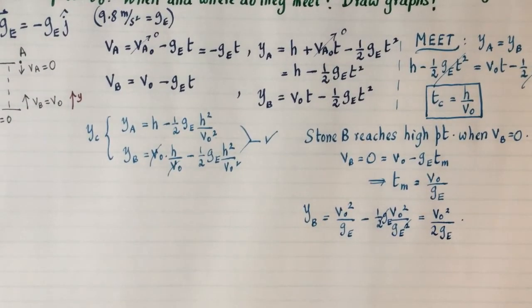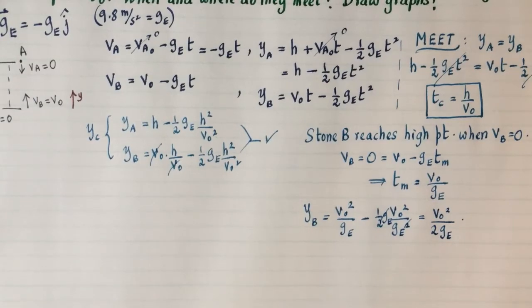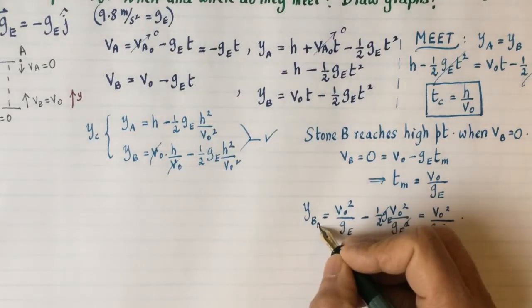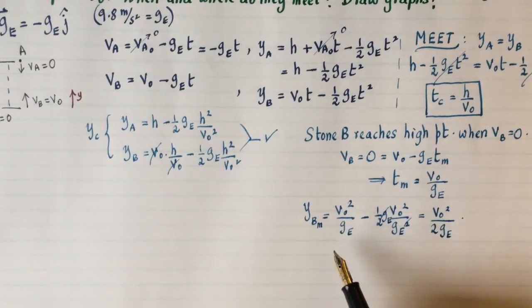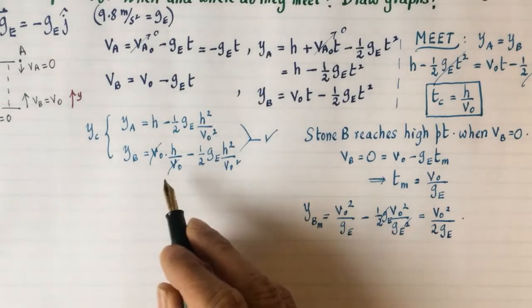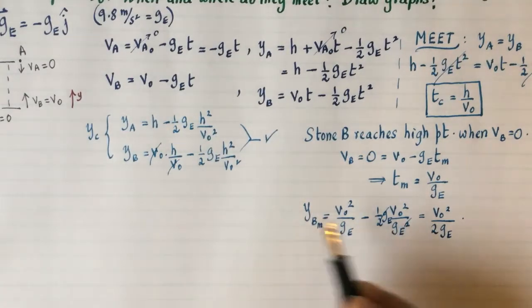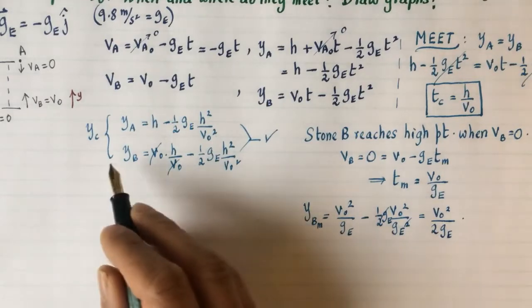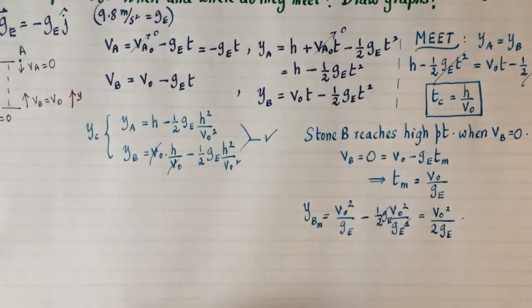of that stone. Okay, just save that. Now let's call this ybm. So one way to figure out if the collision occurs before or after is to look at ybm versus yb. And that's equivalent also to looking at the times.